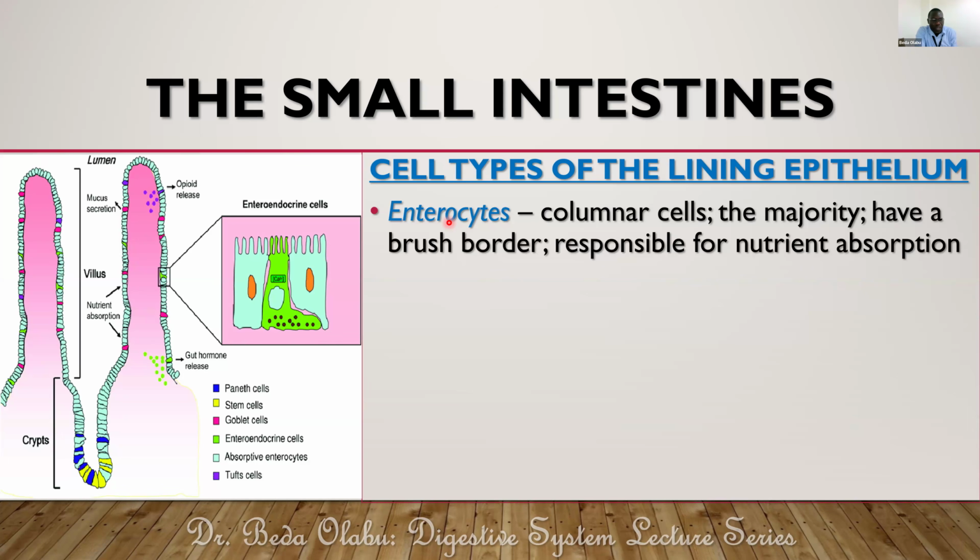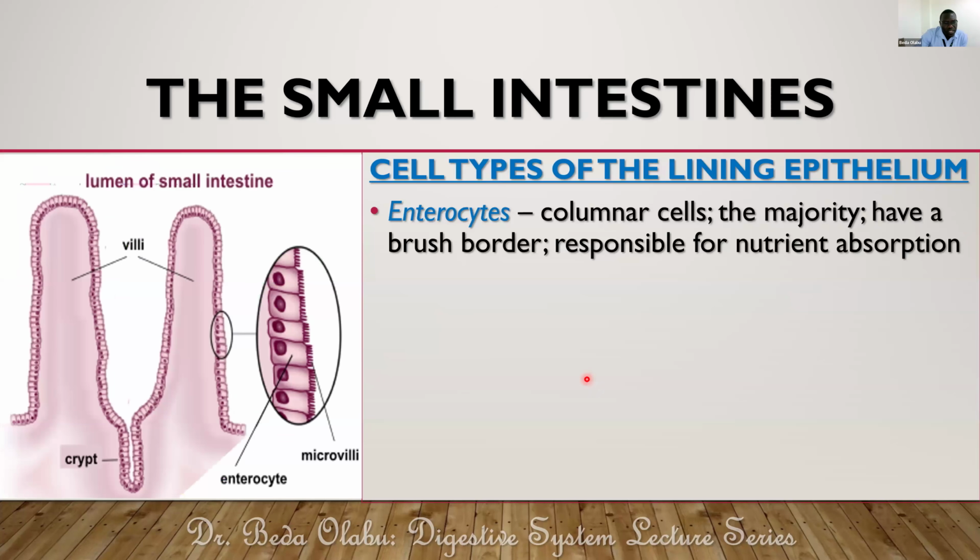What is unique about them is that enterocytes have a brush border, and I'll show you the brush border shortly. Brush border is where we have the microvilli, like these ones. Because of the presence of the brush border, we know that these cells are responsible for absorption of nutrients. They're the majority of the cell types.